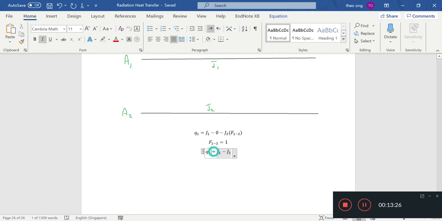So we can see that in this case, for parallel plates, the potential difference will be meeting a resistance of 1, because J1 minus J2 divided by 1 equals Q1. So the radiosity is like the voltage, this is like the current, and this is like the resistance.